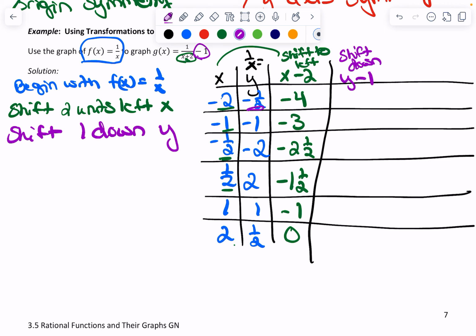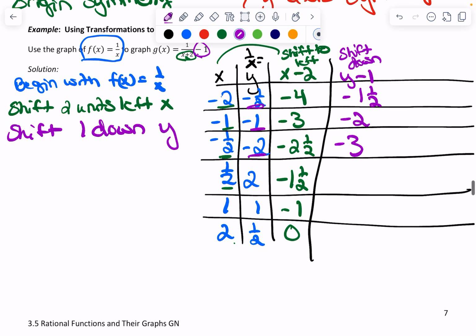So negative half minus half is going to be negative 1.5. Negative 1 minus 1 is negative 2. Negative 2 minus 1 is negative 3. 2 minus 1 is 1. 1 minus 1 is 0. And half minus 1 is negative half.